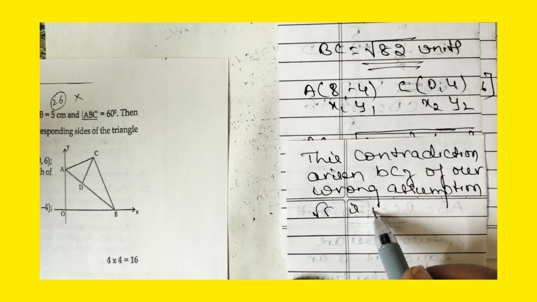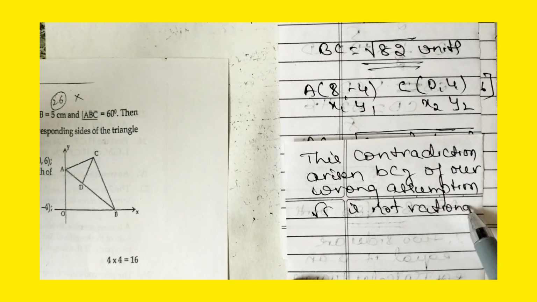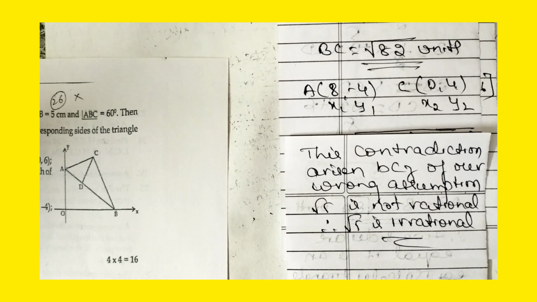Root 5 is not rational. Therefore, root 5 is irrational. So like this we have to prove that root 5 is irrational.